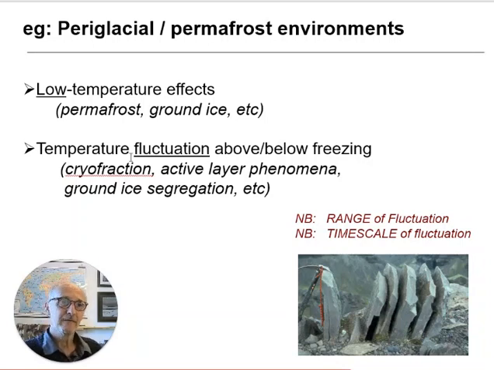Cryofracture, frost shattering, phenomena associated with the development of an active layer, the segregation of ground ice, lots of the things that either already or in the future you will learn are associated with periglacial and permafrost environments. A lot of them depend on that fluctuation above and below the freezing point, not just on the cold temperatures.